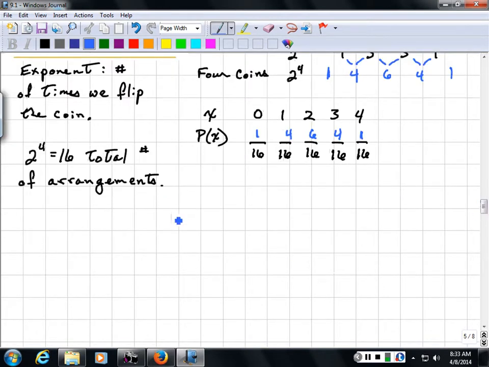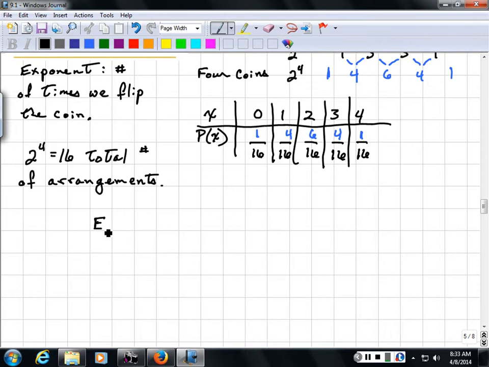Anyways, let's go back to something we know about, which is probability. Now, find the expected value. How do I do that? I'm going to multiply these two numbers together, right? And then I'm going to multiply these two numbers together.